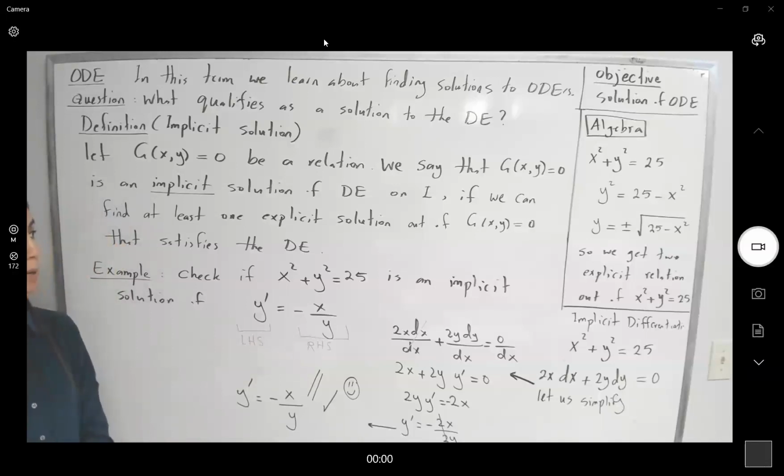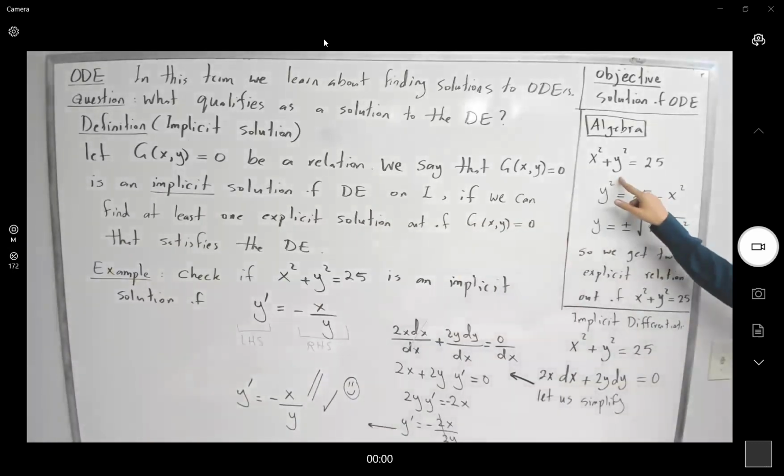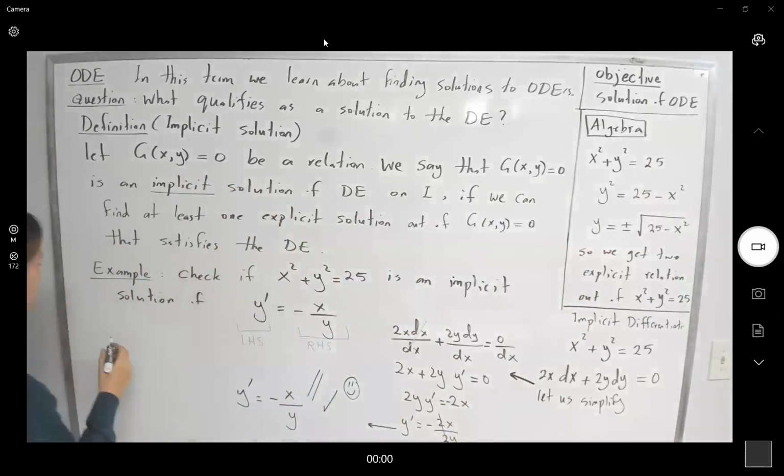Now, what about your explicit solution? Are they going to be the solution for this differential equation? Of course. If I plug these back into the relation, it's just a simple algebra. They satisfy this relation. So what is the conclusion?